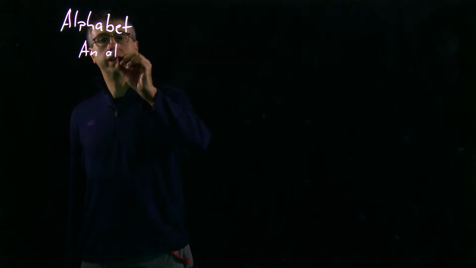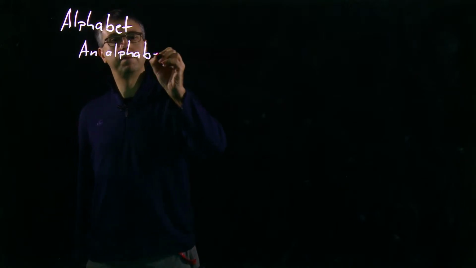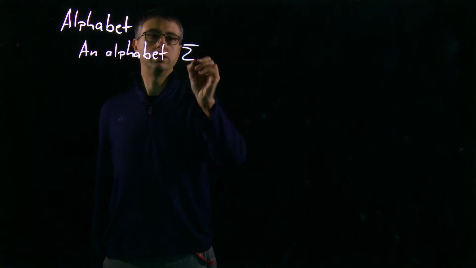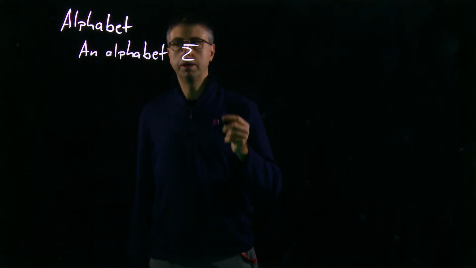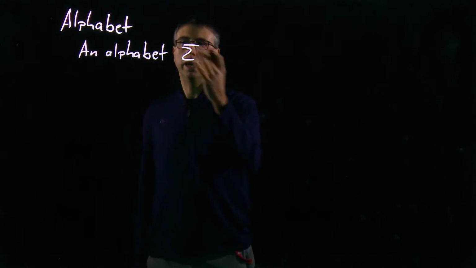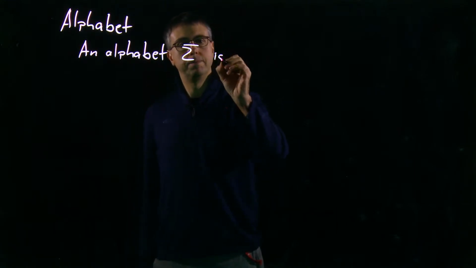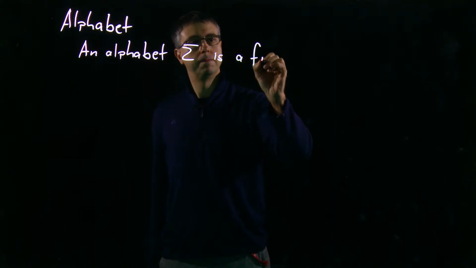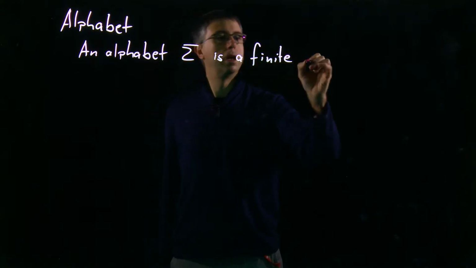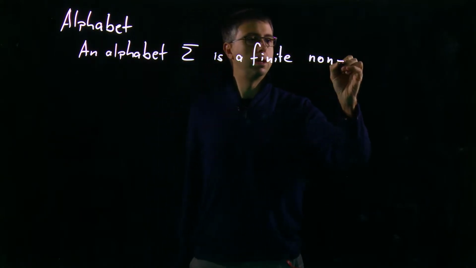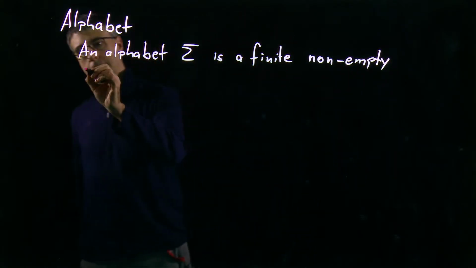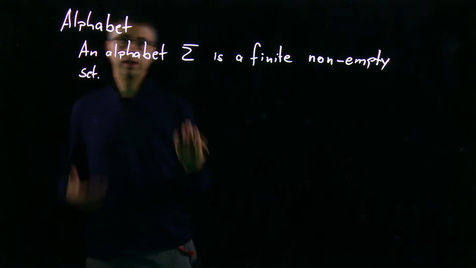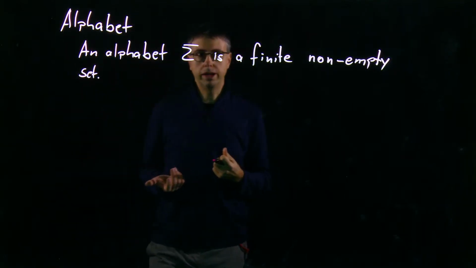Usually we use letters like sigma, the Greek letter sigma, to denote alphabets, and an alphabet sigma is a finite non-empty set. And actually that's the only requirement that we have for an alphabet.